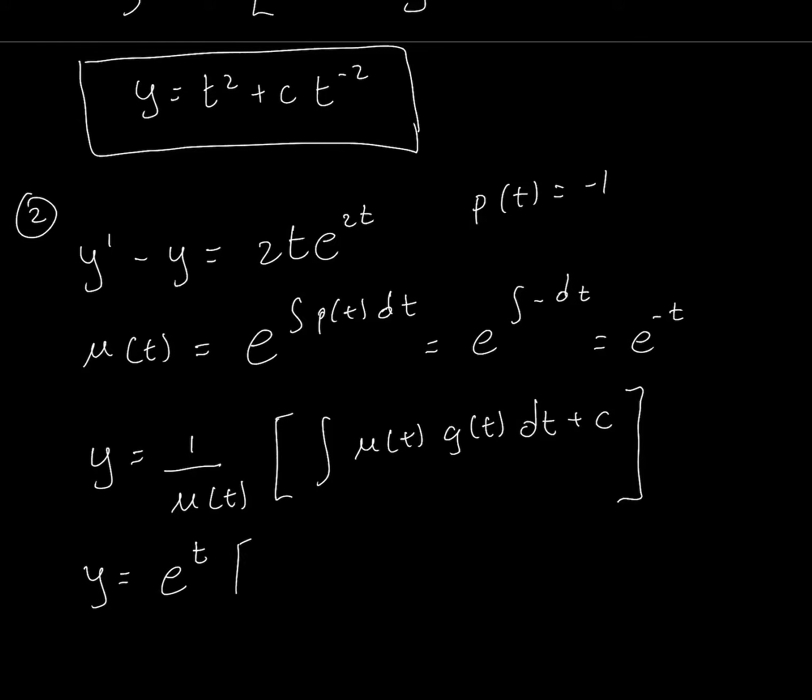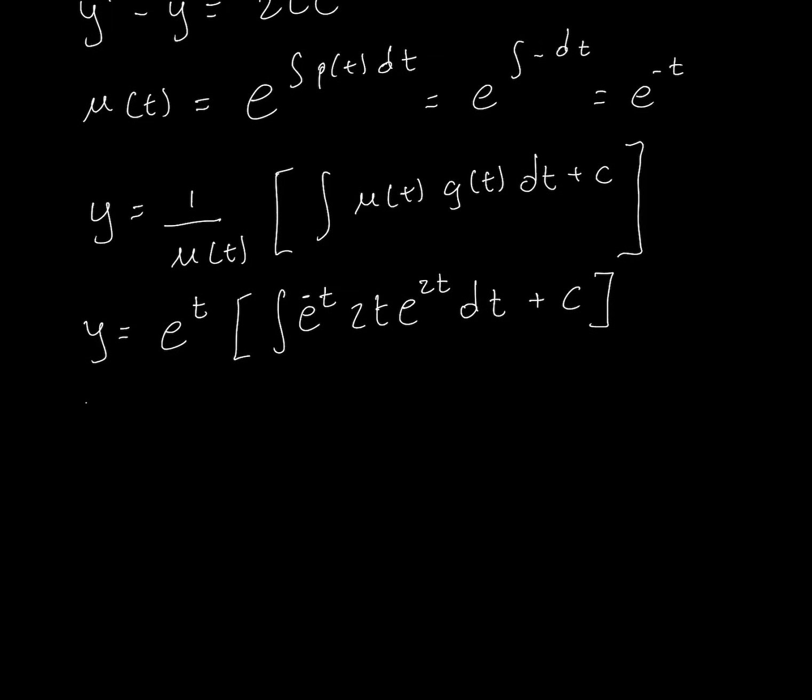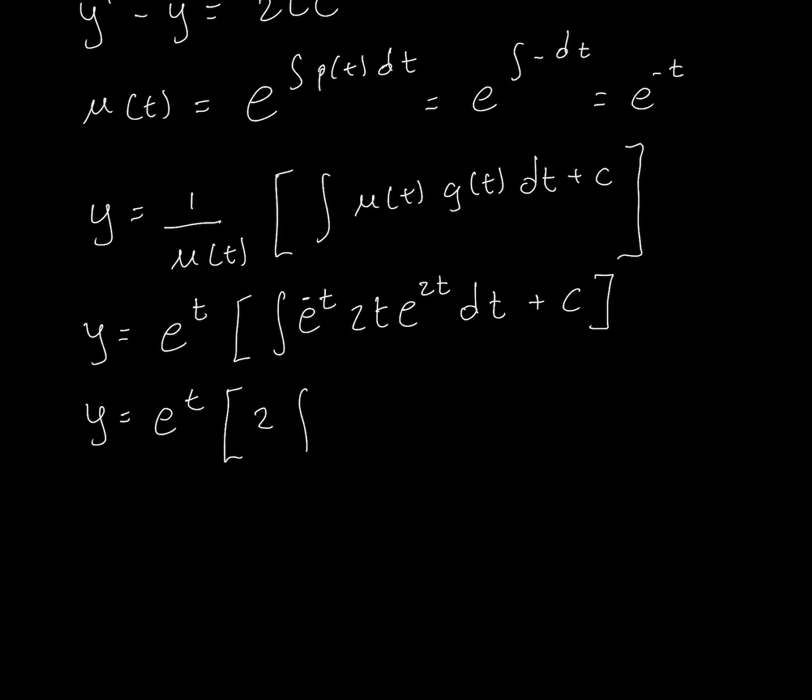We get e to the t here, and g of t is 2t e to the 2t, times e to the negative t dt, and then we have plus c. So my y will be equal to e to the t, and I'm going to put the 2 out here, times the integral of t e to the t dt plus c.